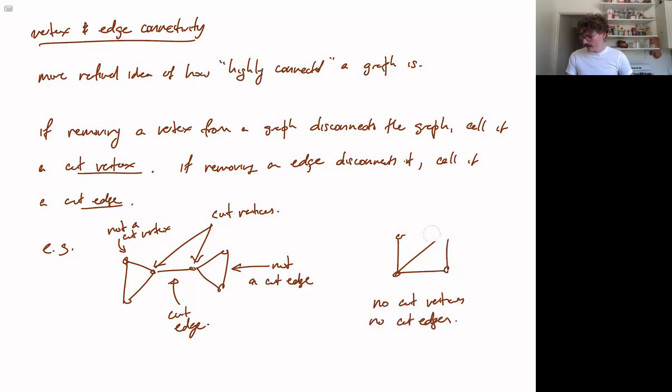If we remove this vertex, it's still connected. And if we remove any of these edges, it is still going to be connected. So there's no single vertex and no single edge that we can remove to disconnect this graph. And that's a way of saying that this graph is more highly connected than this one.